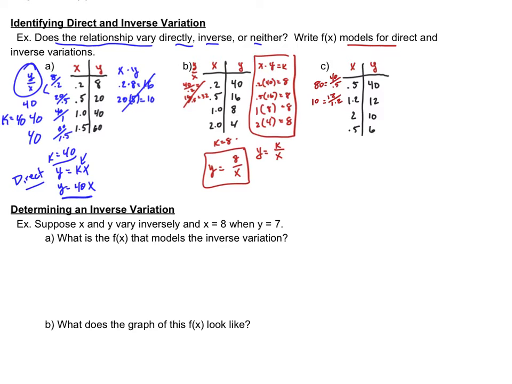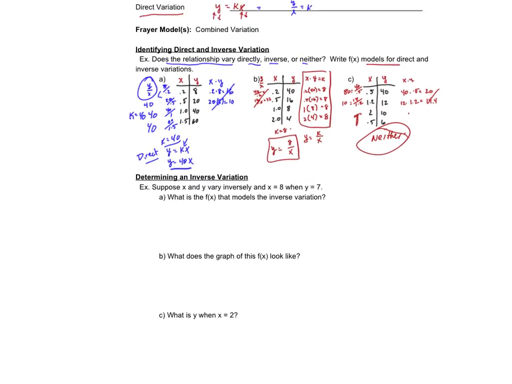Over here, for x times y, 40 times 0.5 is going to give me 20, and 12 times 1.2 is going to give me something different, so this is neither direct nor inverse. There you go. So that's how we look for direct and inverse variation.